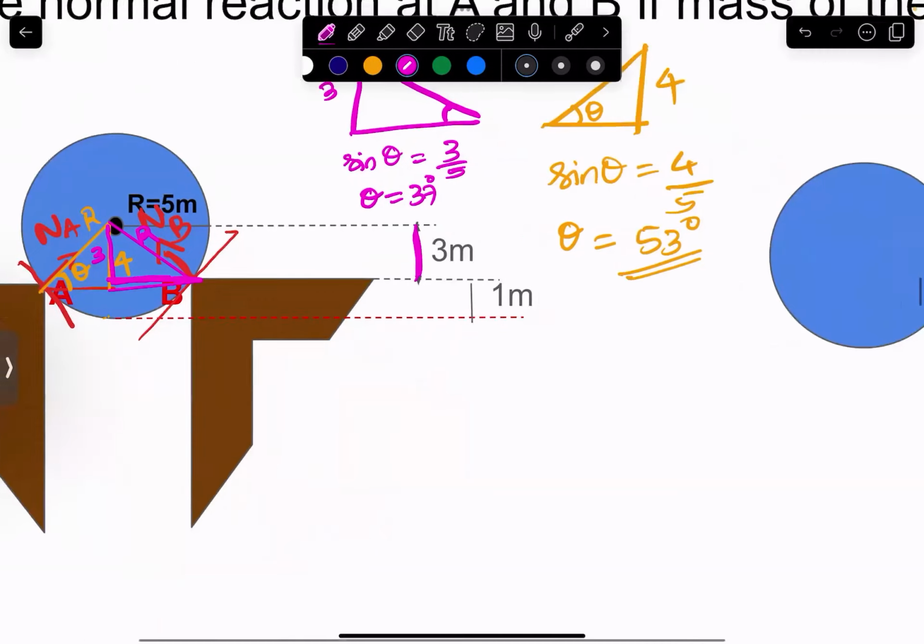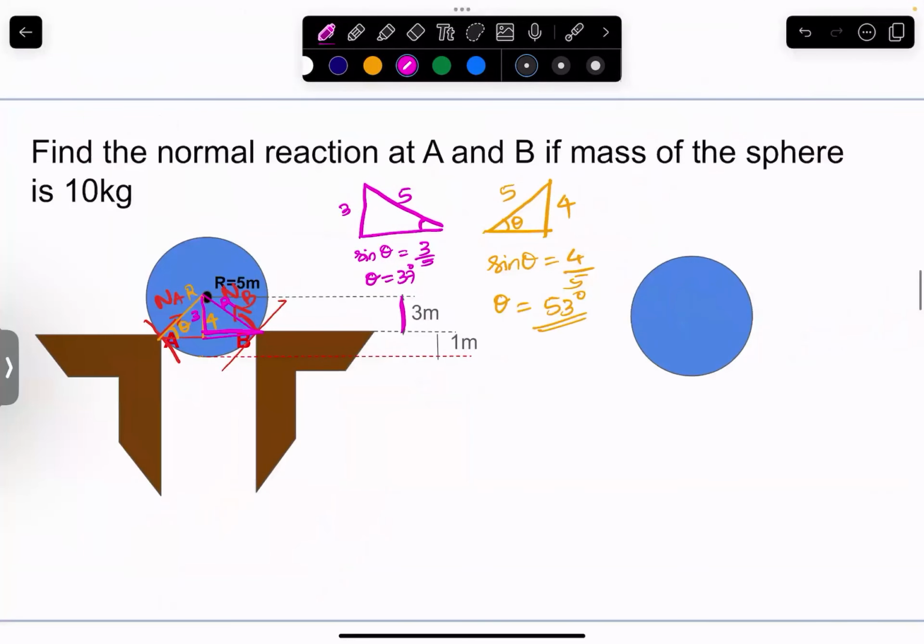Now, we want to draw the free body diagram. So consider this is a sphere. Then there is this A and B over here. So this NA is acting along this direction, and from here, NB is acting. Another important thing is the weight of the sphere, that is 10 kg.